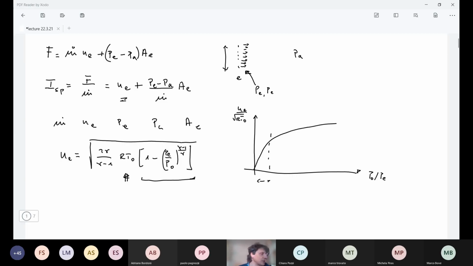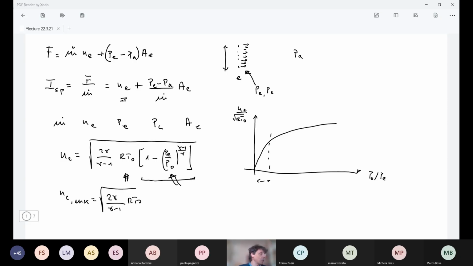We have also identified that we have a maximum when this term goes to 0. That means that we convert all the energy available into kinetic energy, and this maximum is obviously this one.